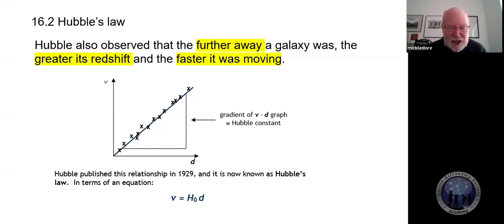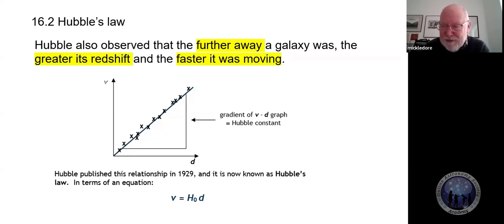V equals H naught D. The velocity is this constant, Hubble's constant, times the distance. And normally it's conventional to plot V in kilometers per second, because that's the unit that we've been using in our calculations where we've had to calculate V. And D is normally given not in parsecs, definitely not in light years.